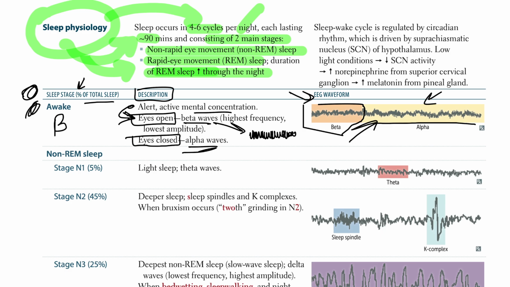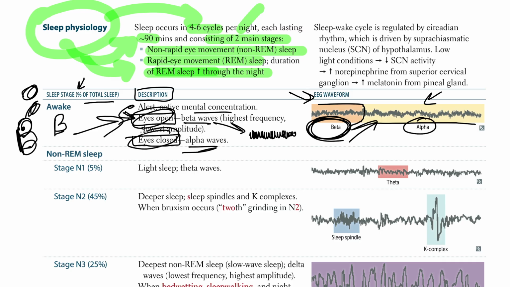B is like eyes, the two B's attached together. So when the eyes are open, these two B's are open, right? So when you open your eyes, you have a beta wave. Just keep it to that: open eyes is a beta wave, and the alpha wave is going to be the closed eyes.